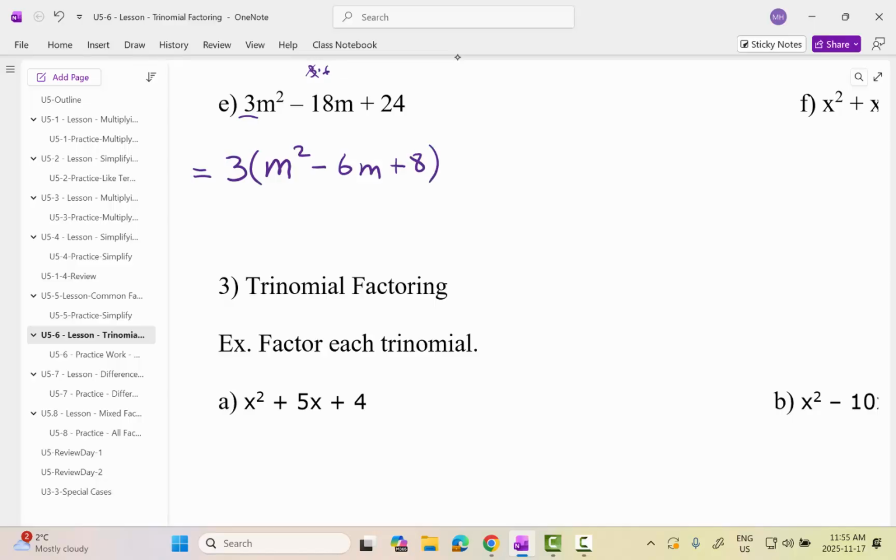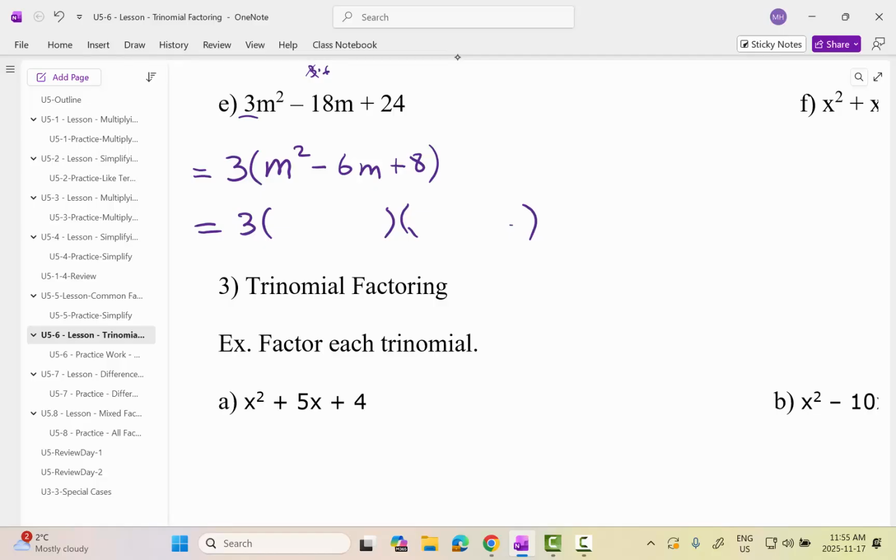Now what we can do is try to get this trinomial into 2 brackets. So we're going to take it one more step further, and I'm going to make this trinomial into 2 brackets. Excuse me. All right.